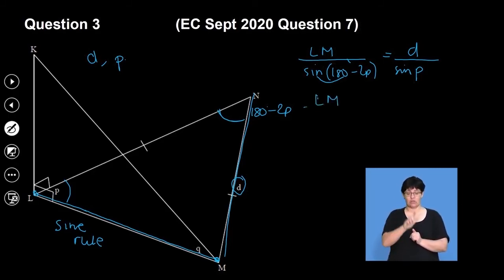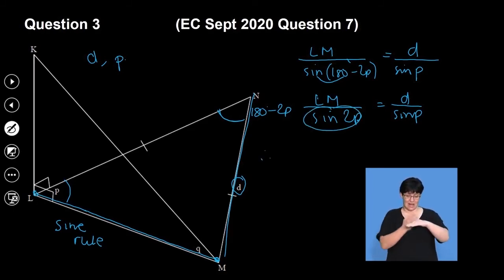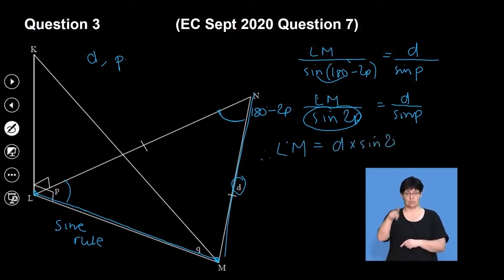So therefore, LM over sine of 2p is equal to d over sine p. And the last thing I'm going to do is multiply both sides by sine of 2p in order to get rid of that denominator on the left-hand side. So therefore, LM is equal to d times sine of 2p all over sine of p.